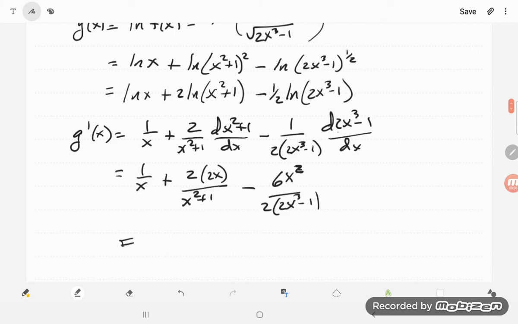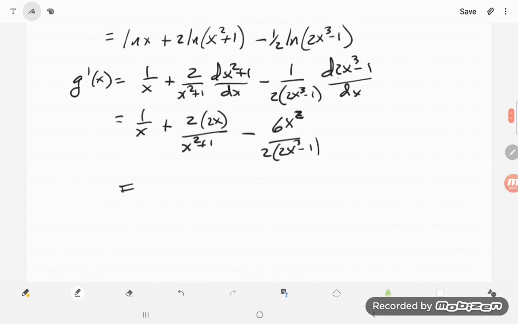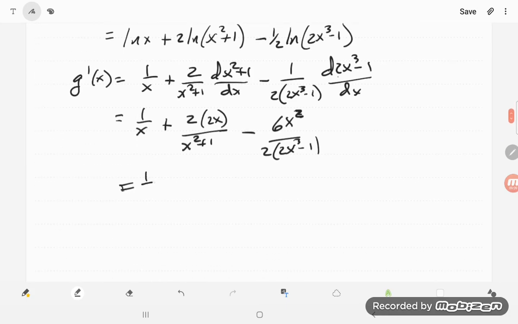I can simplify that a little bit. With 1 over x, we've got 2 times 2 there, so that's 4x over x squared plus 1. And then minus, I've got a 6 over 2, so that makes 3x squared over 2x cubed minus 1.